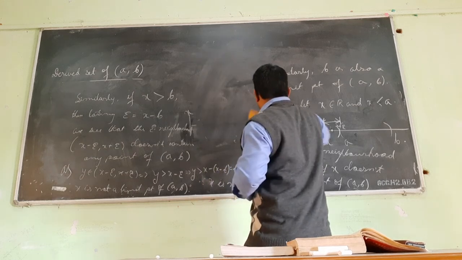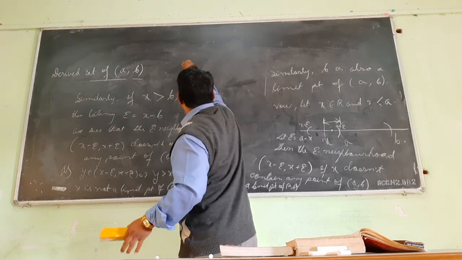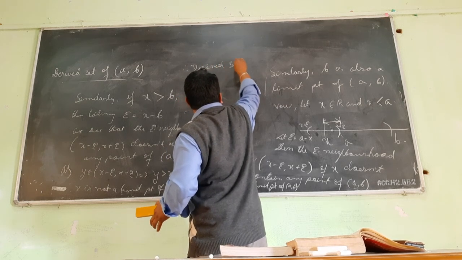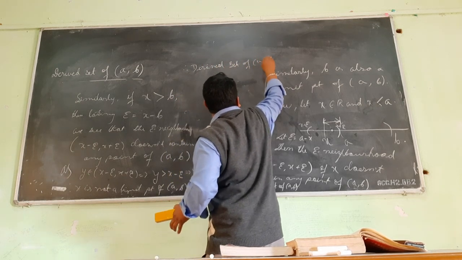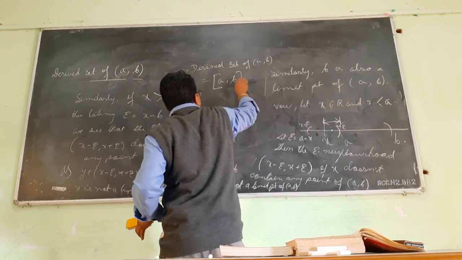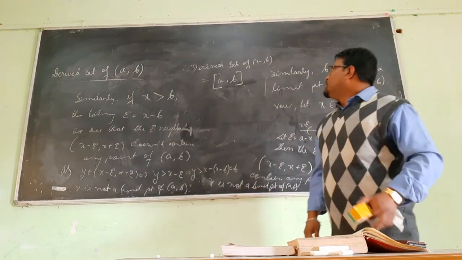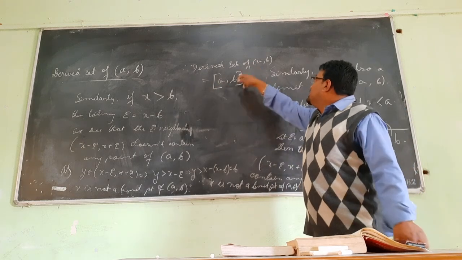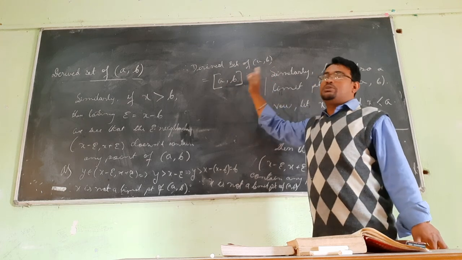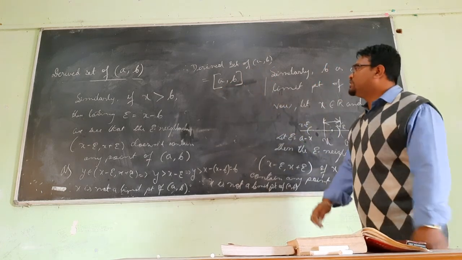So the derived set of the open interval AB is actually the closed interval AB. A is also a limit point, B is also a limit point, and everything inside A and B is also a limit point. So its derived set is the closed interval AB.